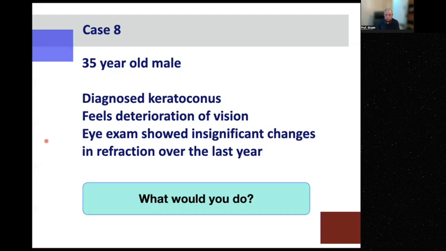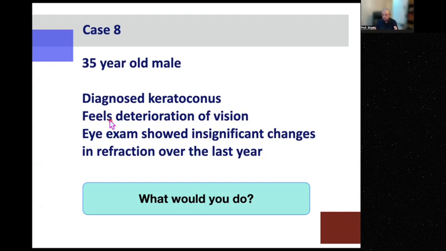Okay, so what would you do? So now it is progressive, and the patient says, I'm losing vision. Do you do cross-linking or not? Of course, this is debatable. But since there was no cross-linking before, because the patient is feeling losing vision and we documented there is a progression, then we have to do cross-linking for the patient, even at the age of 35.